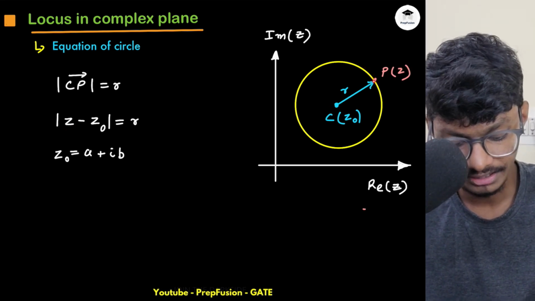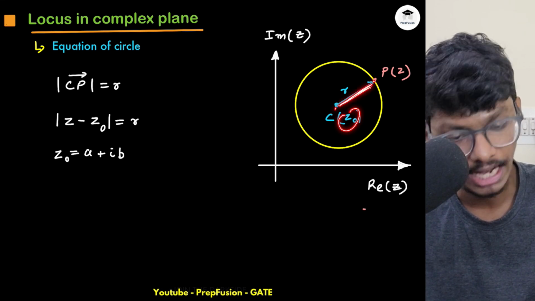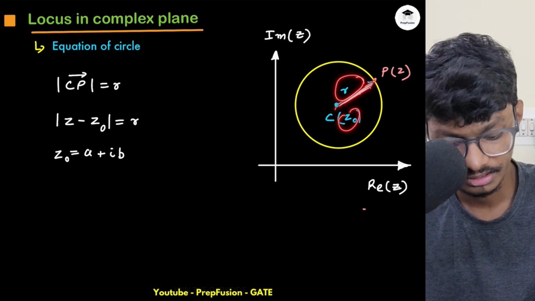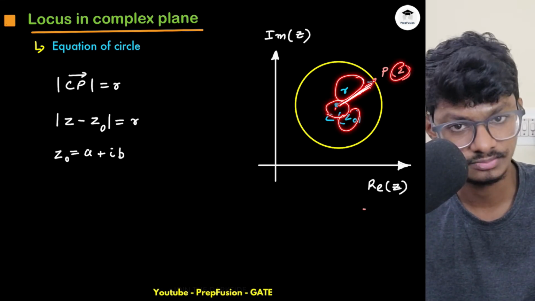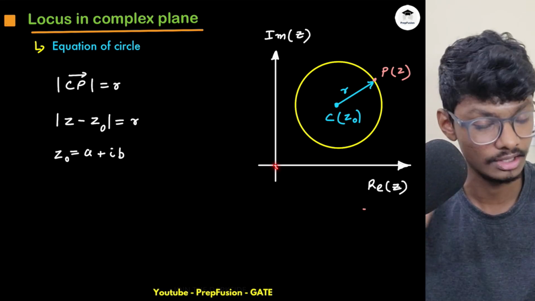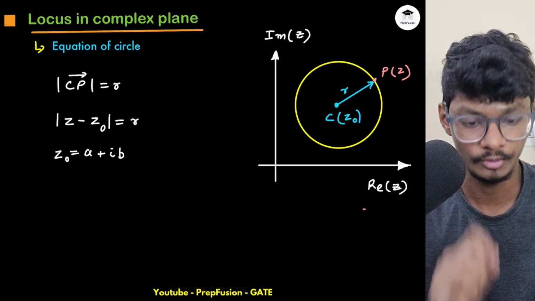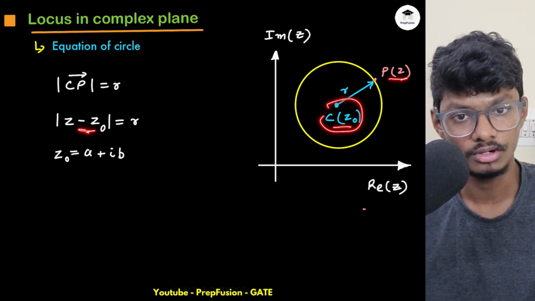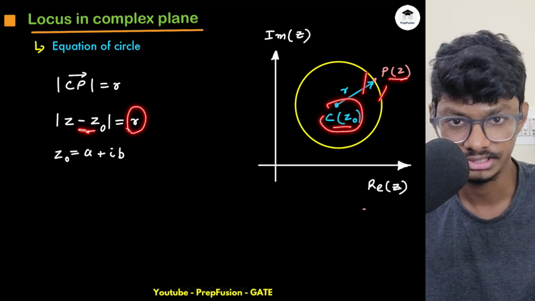So z minus z0, and if I take the magnitude of this, the distance should be r. Previously I was subtracting 0 because I was computing my distance from origin, but now I'm computing my distance from z0, so I will obviously subtract z0. So if I take the magnitude of z minus z0, I will get simply r.